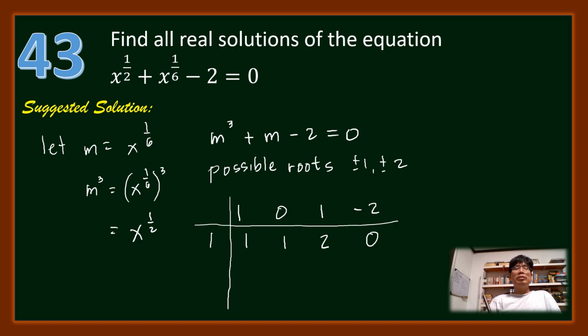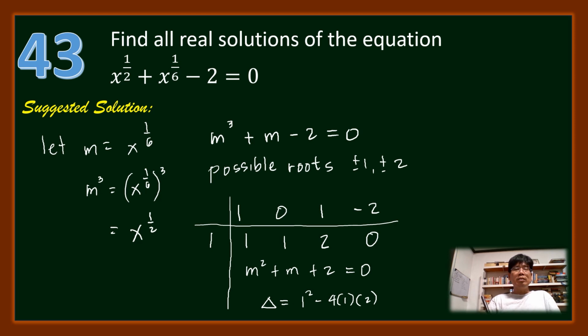We now have a reduced quadratic equation, m squared plus m plus 2 equals 0. The coefficients are 1, 1, and 2. Before we proceed, let us try to identify whether this equation still has rational roots. Let us find the discriminant. So we have b squared minus 4 times a times c.